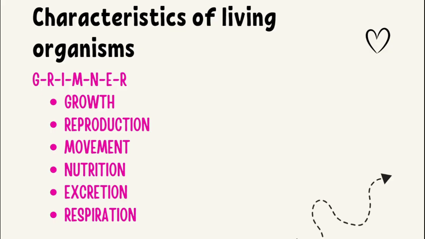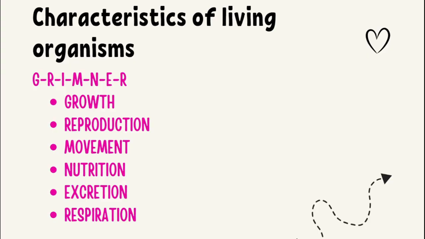Then we're going to talk about reproduction. If something is living, it needs to be able to reproduce and produce more offspring. And then the one missing on here is irritability, also called sensitivity. In order for something to be living, it has to be able to respond to stimuli.